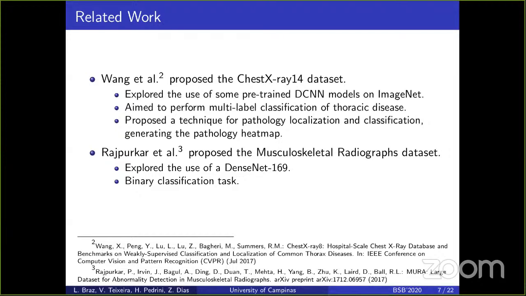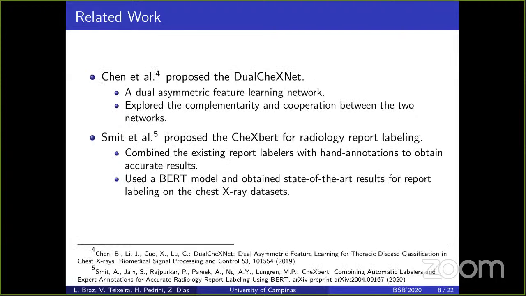Also, Rajpurkar and other authors proposed the musculoskeletal radiography dataset, the MURA dataset. We're going to talk about it later. And they explored the use of DenseNet 169 to perform a binary classification. Shen and others proposed the dual asymmetric network, which consists of a dual asymmetric feature learning network.